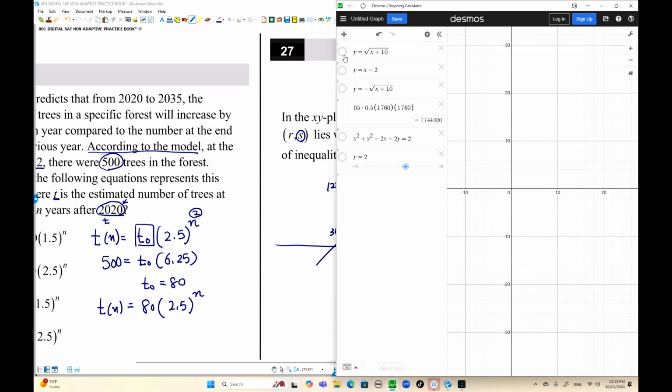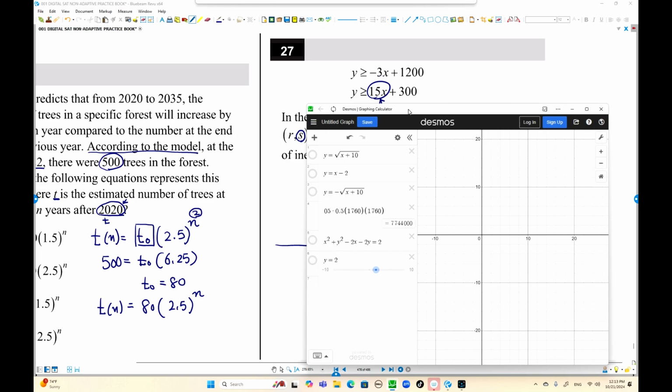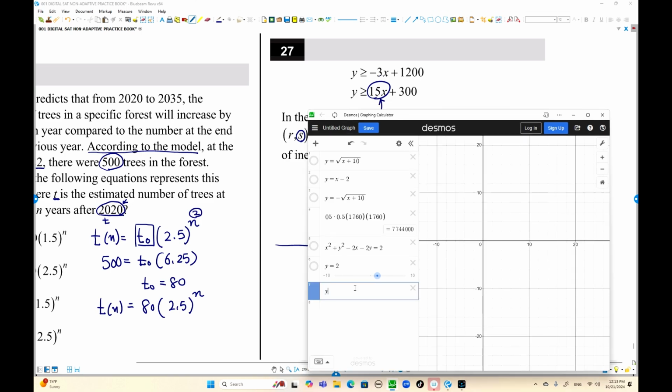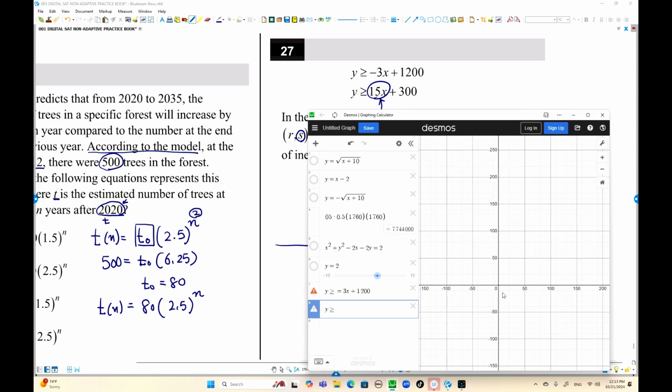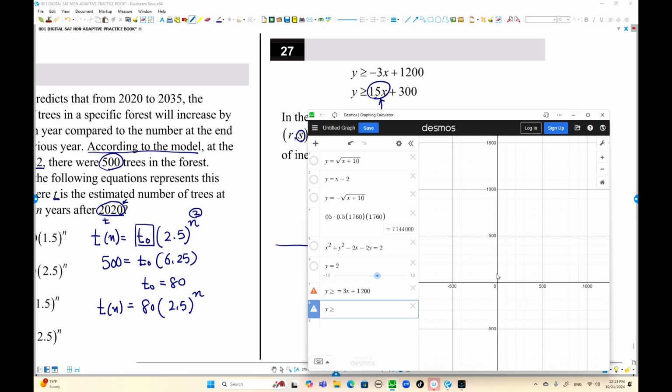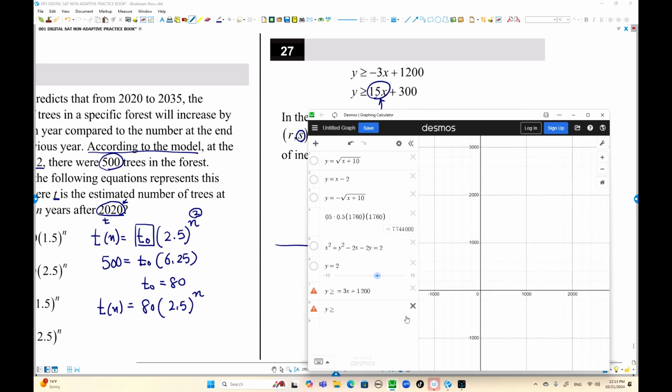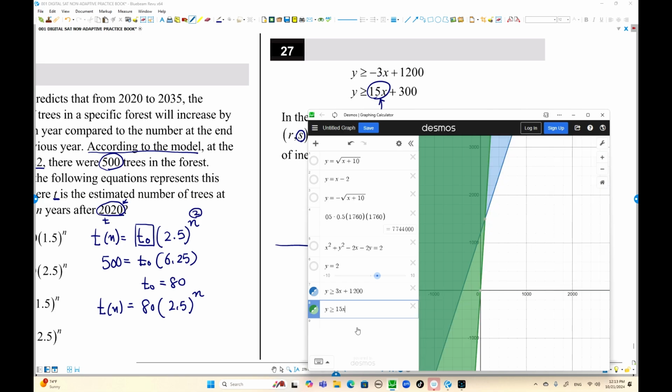I'm going to delete this one. The first one is y is greater than or equal to negative 3x plus 1200. The second is also y is greater than or equal to 15x plus 300.